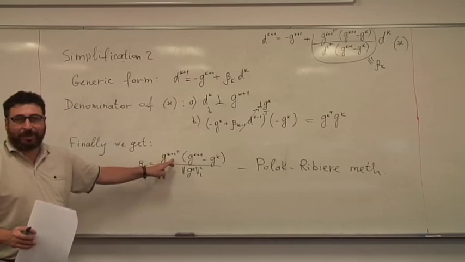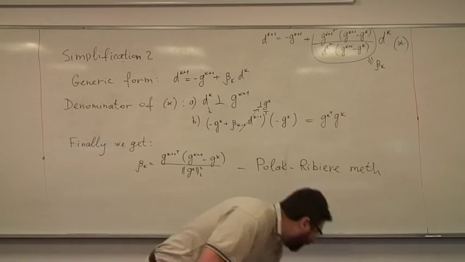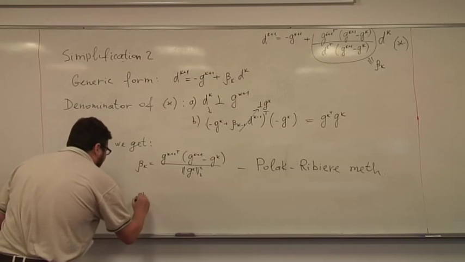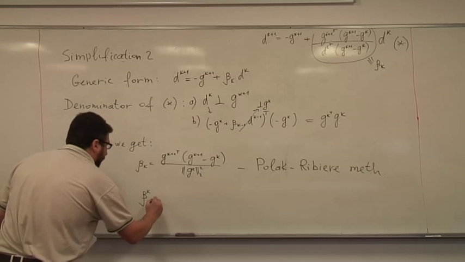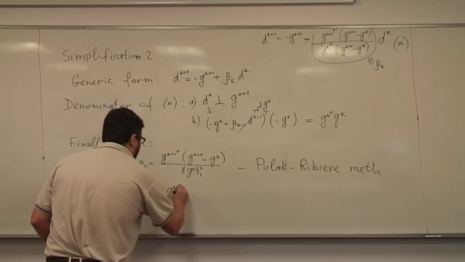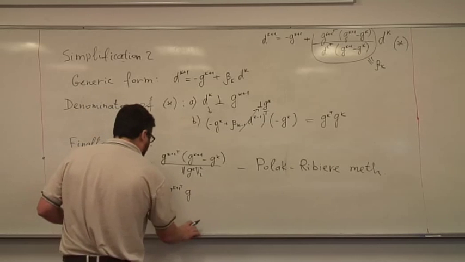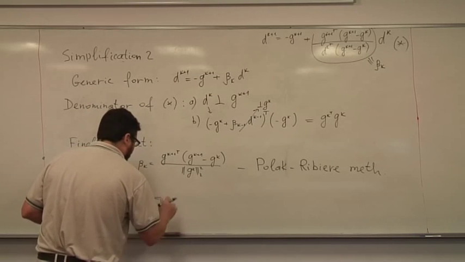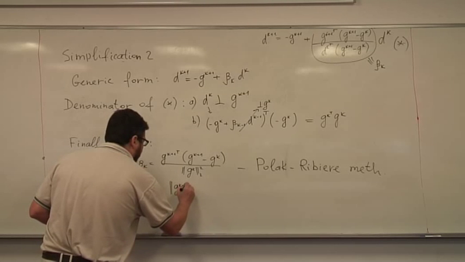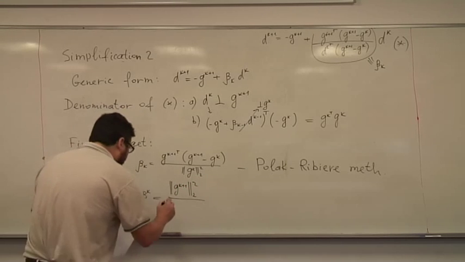Actually, we could simplify the numerator even more and get an even simpler formula. I will write it separately. Beta_k is g_{k+1} transpose g_{k+1}. I can write here the 2-norm, it's correct, yes? The norm of g_{k+1} squared over the norm of g_k squared. Yes, it's a really nice simple formula.